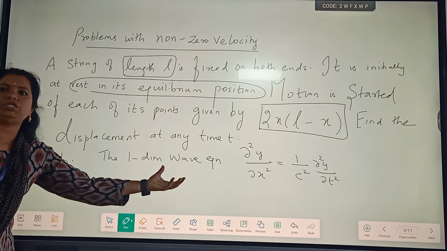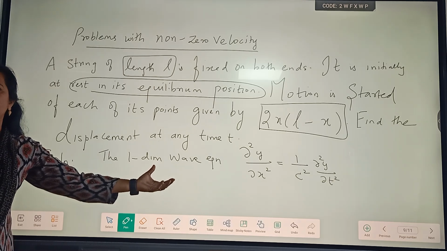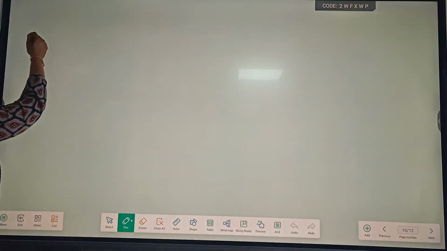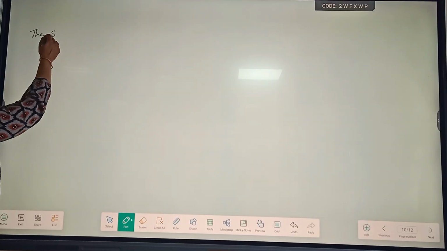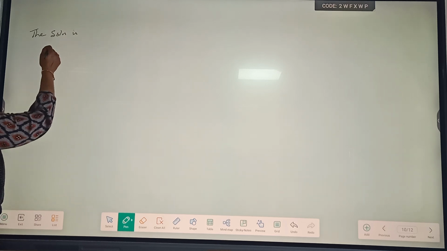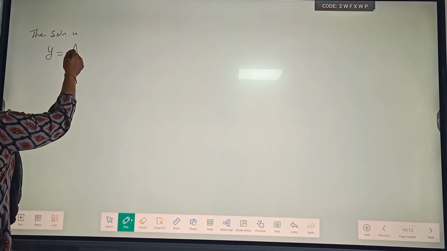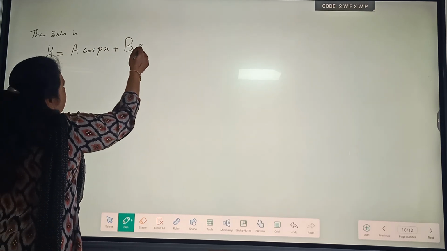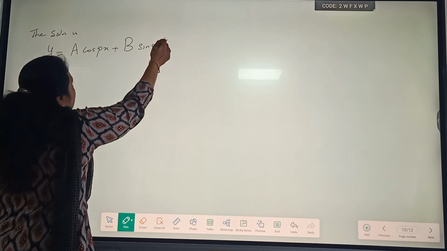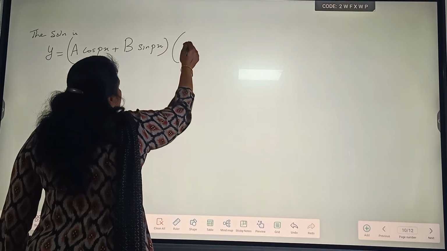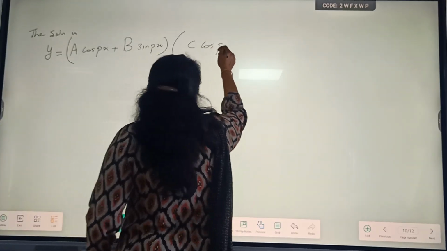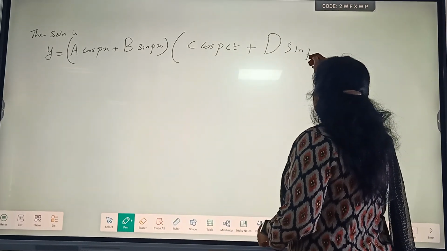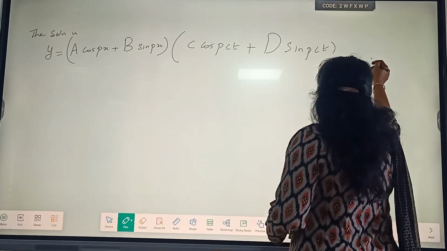Now, what is the solution for this wave equation? The solution is y equal to (A cos px plus B sin px) into (C cos pct plus D sin pct). Take it as equation number 1.